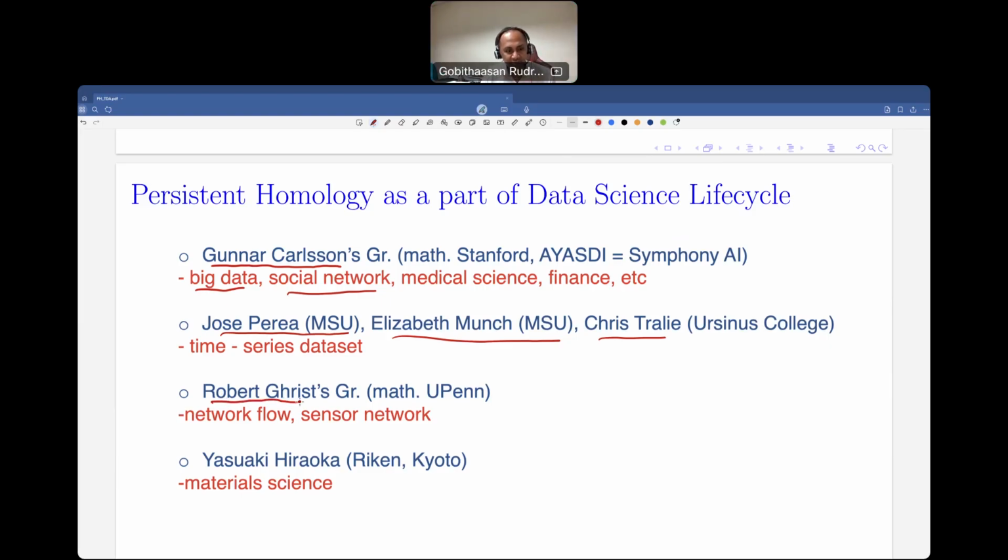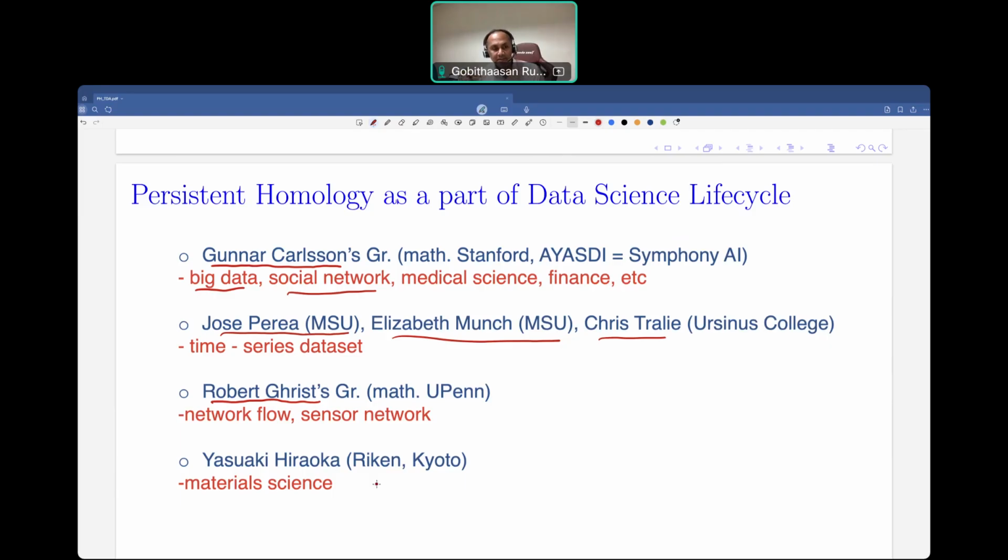Next is Robert Ghrist. He's actually an algebraic topologist, so he does a lot of the pure part of persistent homology, and he has also done applications for network flow and sensor network analysis. He's from the University of Pennsylvania. Whereas in Japan, a famous professor, Yasuaki Hiraoka, does a lot of work on material science using persistent homology.